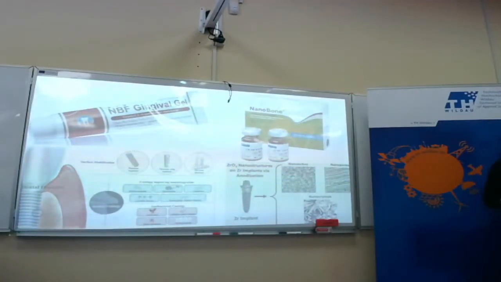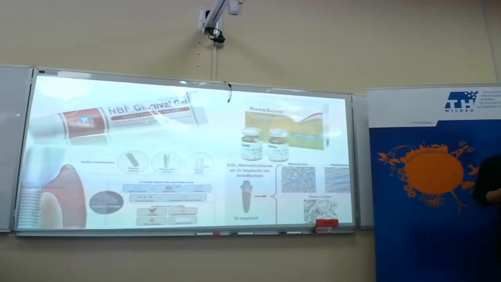It's a nanograft for augmentation of hard tissue, kind of bone. If we are planning a procedure of implantation and we lack bone, we can use this nanograft to provide better opportunities for implantation.